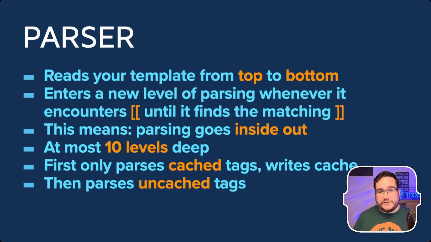The way the parser works gives you some interesting side effects that you can use to your benefit, especially when it comes to nesting tags that get processed inside out. For example, we could use this to generate tags from other tags.